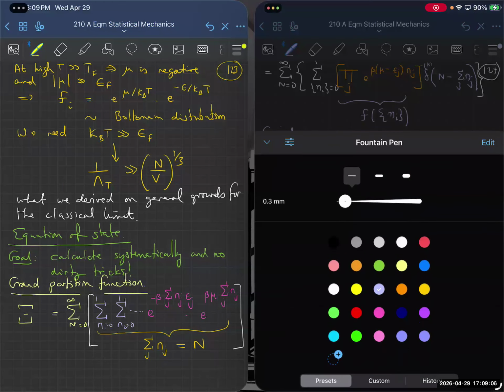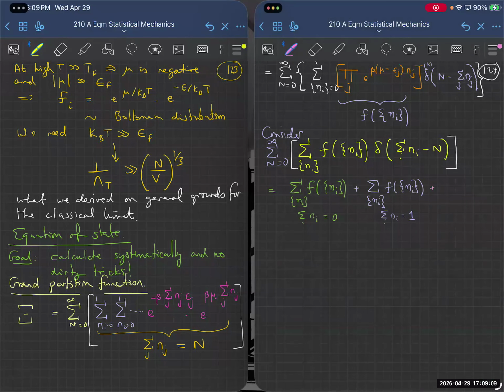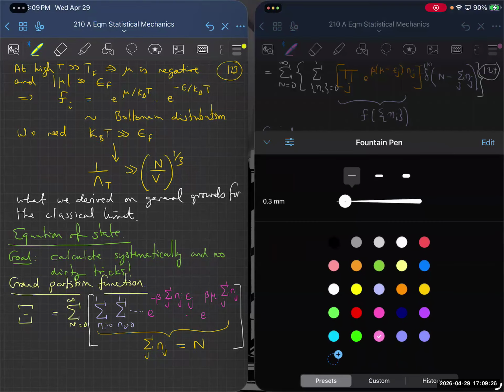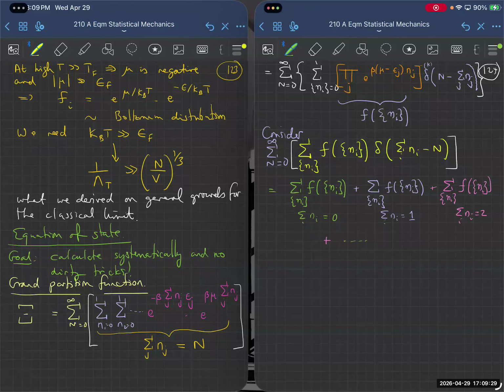Then the next term is the same thing, summing over the occupation numbers of my function f of ni, but now with the sum over ni equal to 2. And then plus dot, dot, dot, all the way up to the sum over the occupation numbers of f of ni, and now the sum over the ni's is equal to infinity.